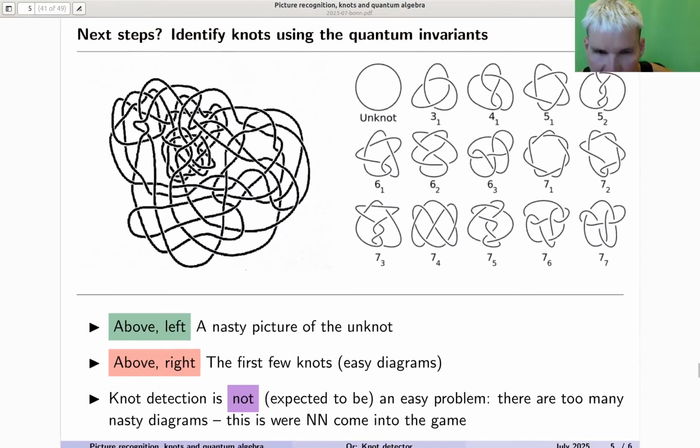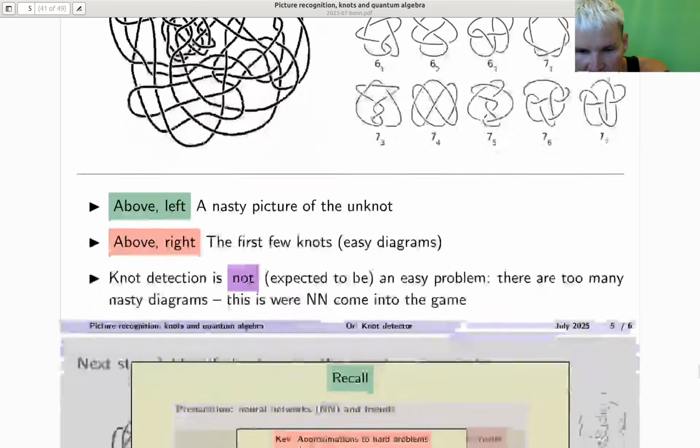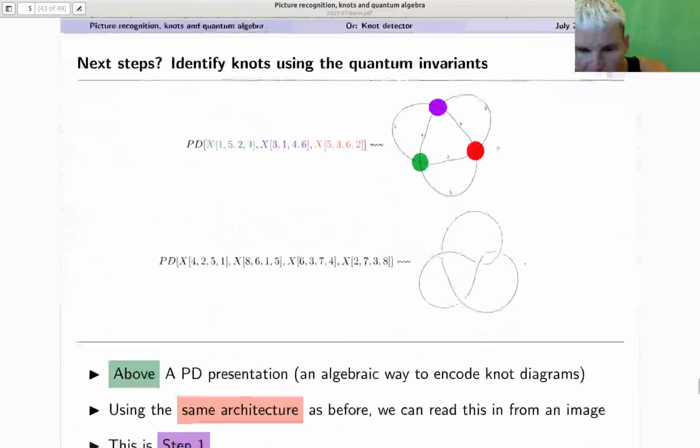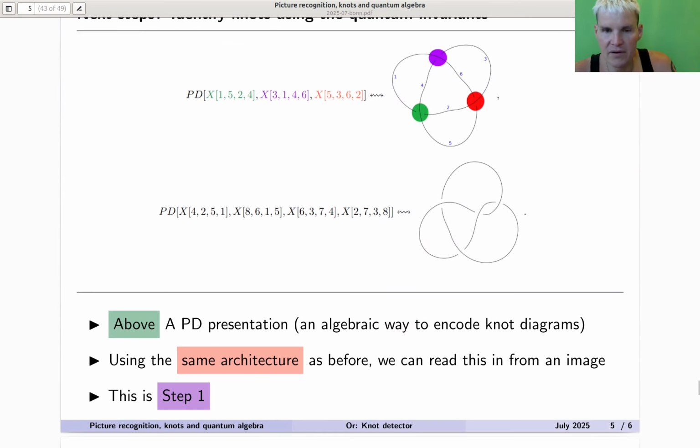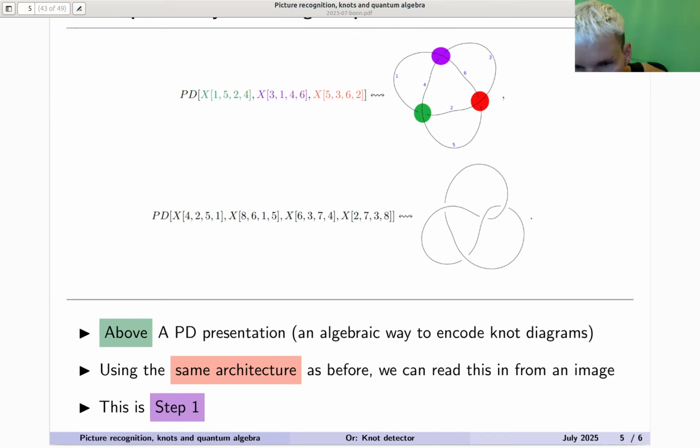And what I really had in mind, let me just wrap up and then we are good, is, okay, all fine, but not detection. How can we do this now with picture recognition? Well, I really want to just learn a certain algebraic presentation of a knot, which is called a PD presentation. It's a really easy thing.